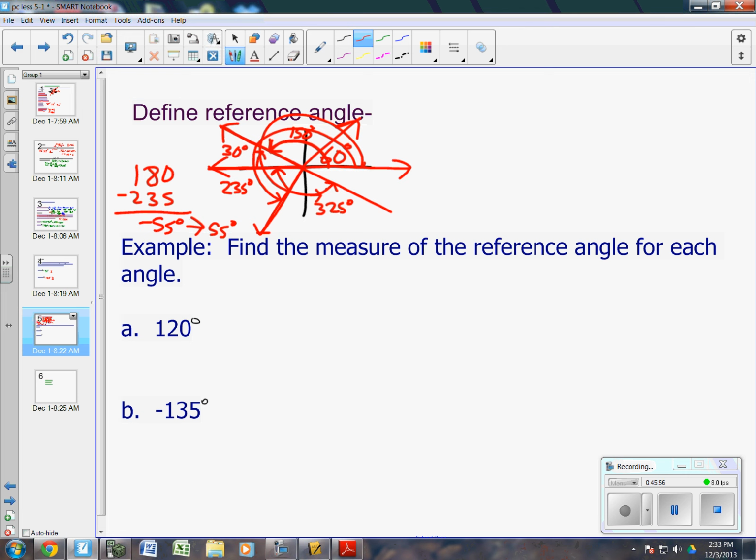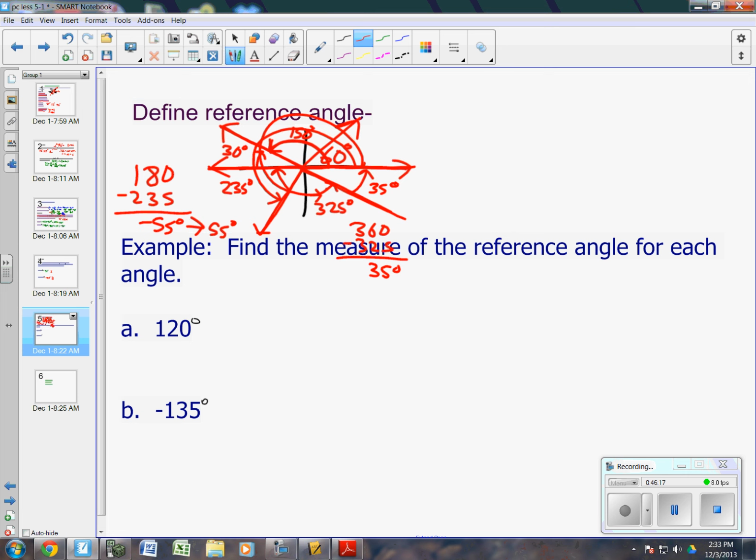It is 35. Because how many more degrees do you have to get to there? So all it is is 360 minus 325 in that case. It's the acute angle between the x-axis and the terminal side.